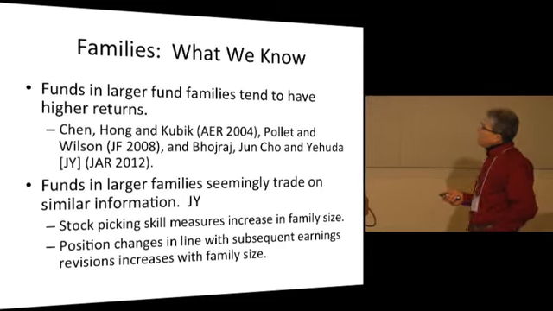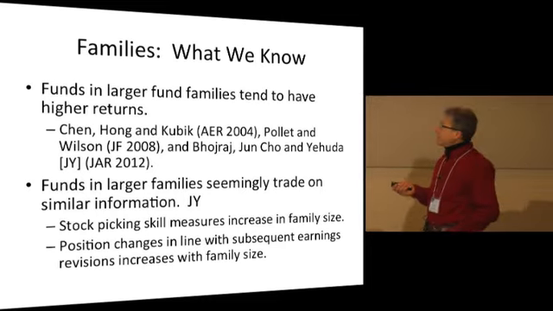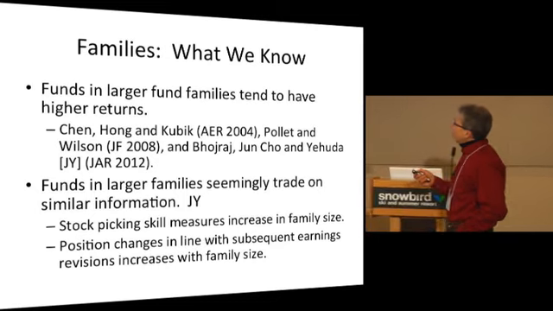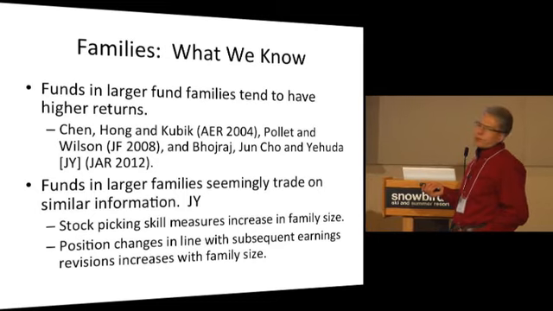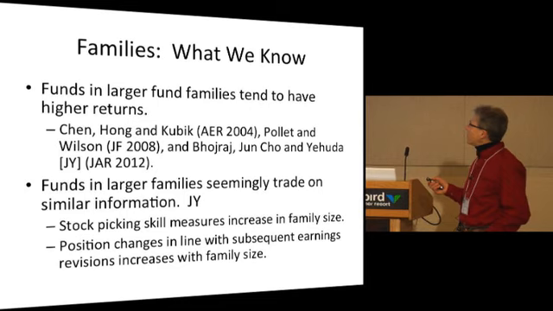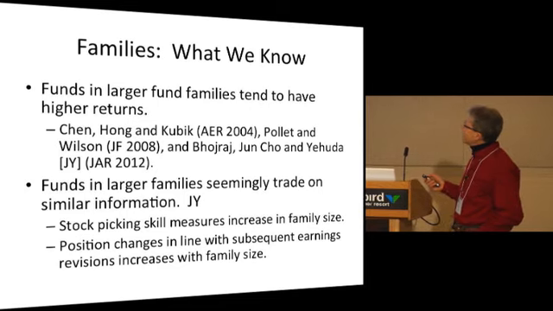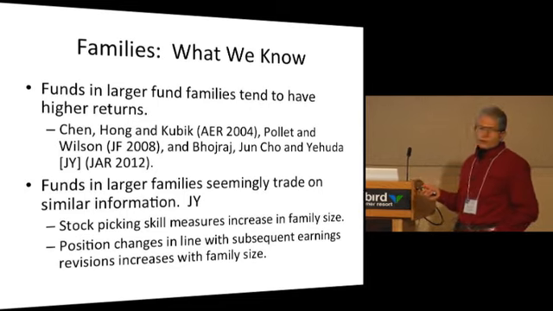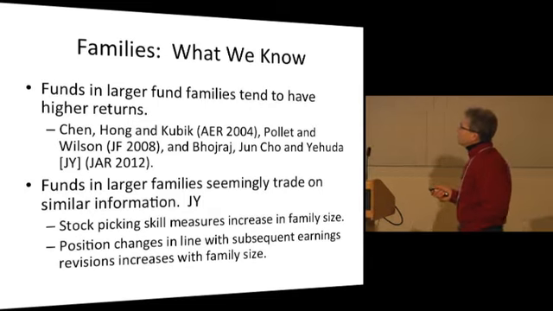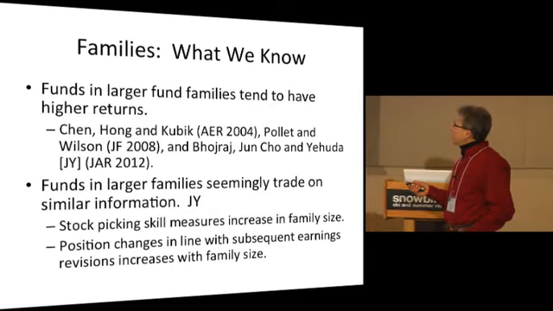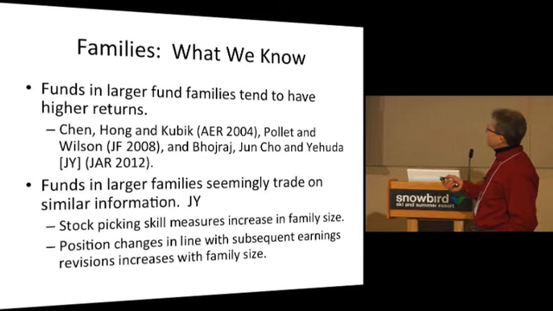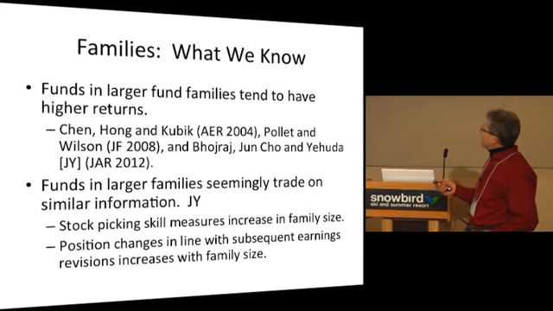All right. Now, we do know a lot of things about families already. We know funds in larger fund families tend to have somewhat higher returns than funds in smaller fund families. There are several papers on this. And we also know that funds in larger families seemingly trade on similar information. This is from the JAR paper.